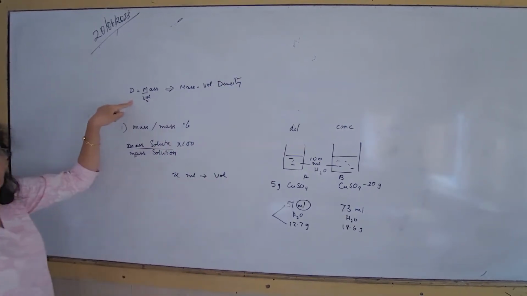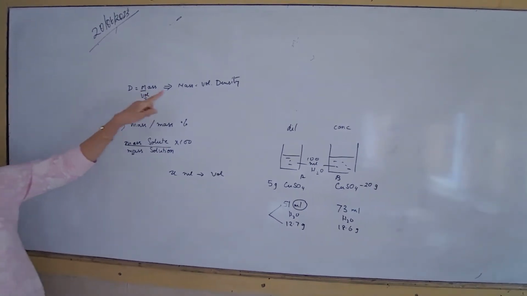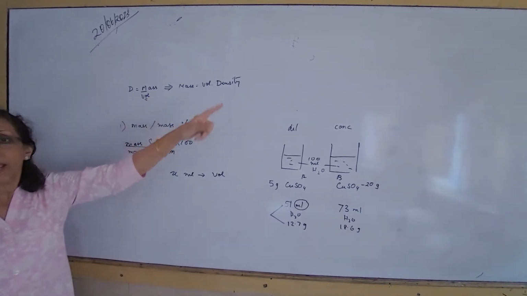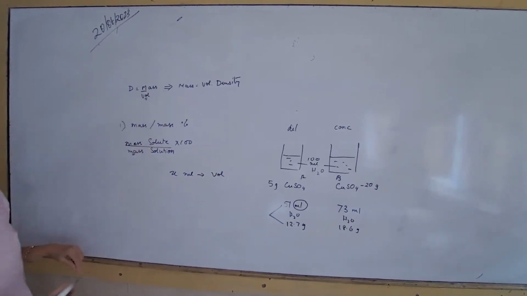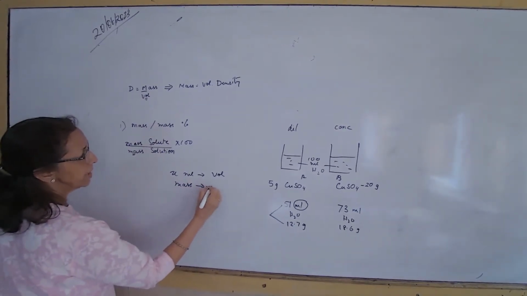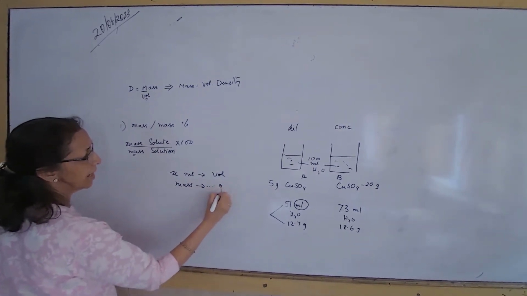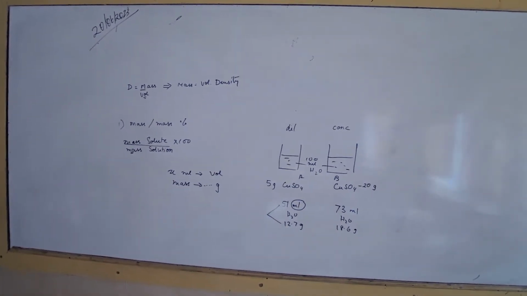Correct? Okay. So if at all it is given in terms of volume, you just have to multiply it with density and it will give you the answer in terms of mass. So here if at all it is given in mass, then it is equal to so many grams. Clearly, did you understand?